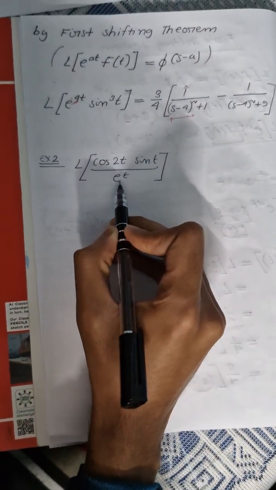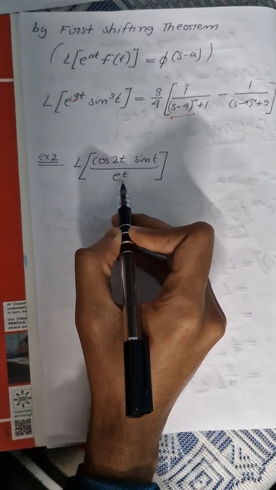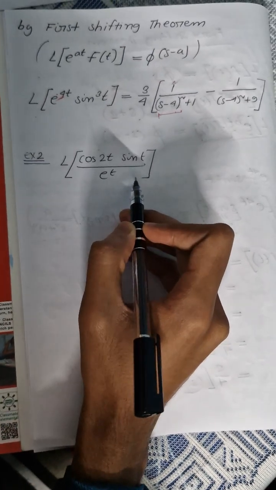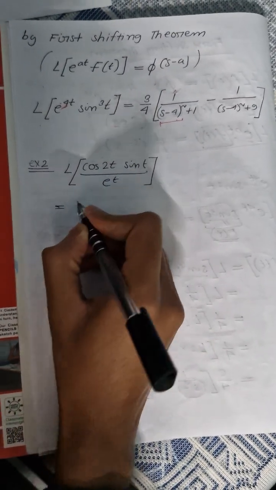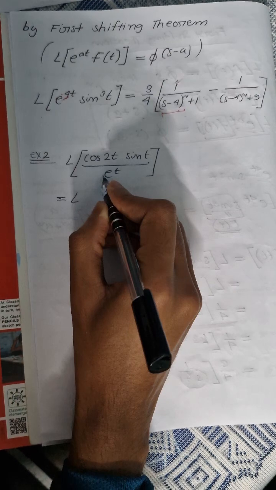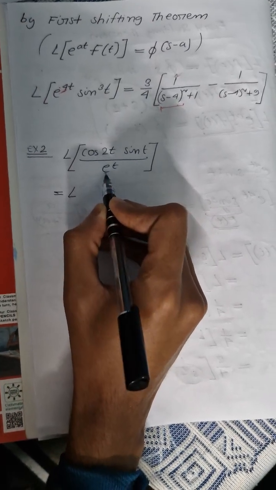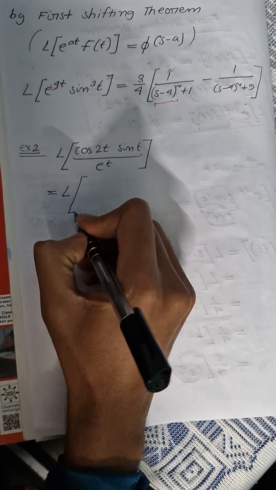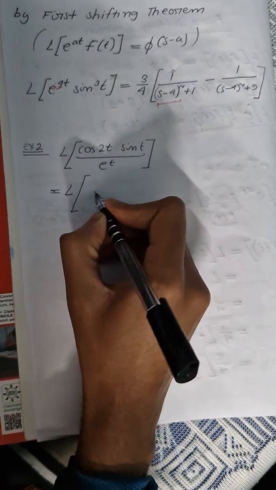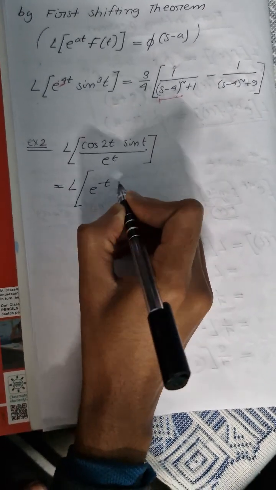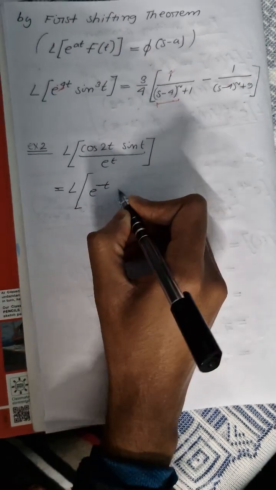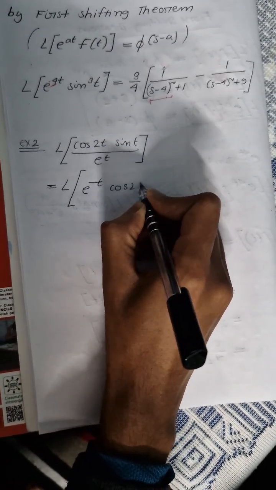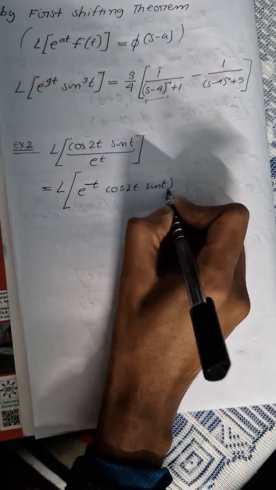As we can see, there is e to the power t, so we can guess that we can solve this with the first shifting theorem. So this equals Laplace of, we bring this e to the power t. Let's see how we can change this. So e to the power minus t, this we know, cos 2t sine t.